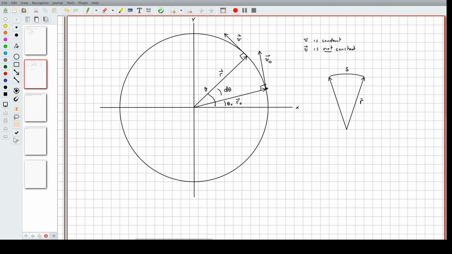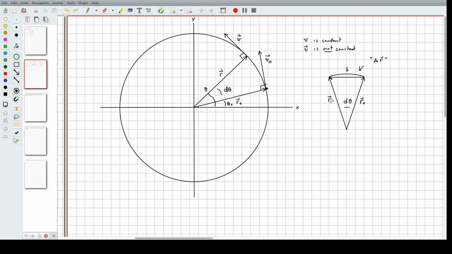This would be R naught, and this would be R. And this right here would be the angle swept out, d theta. This would be the change in R. If you remember our conversation two lectures ago, where I introduced some of the concepts dealing with 2 and 3-dimensional vectors and displacement, this right here would be dr, or delta r vector.